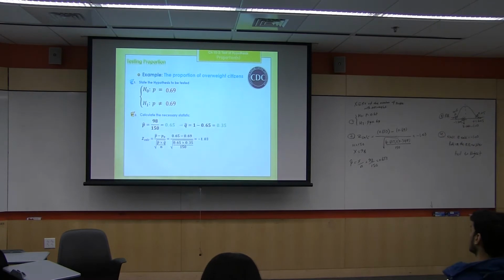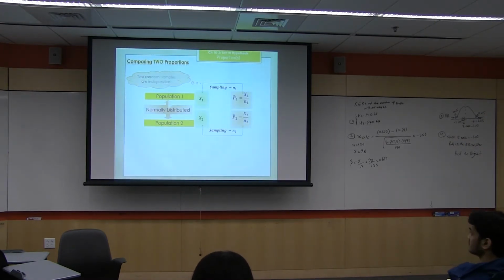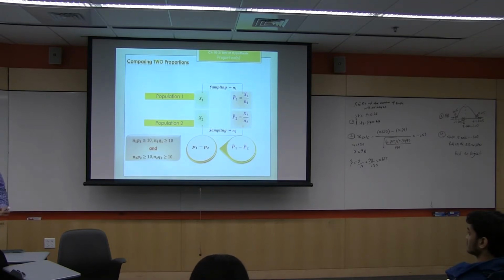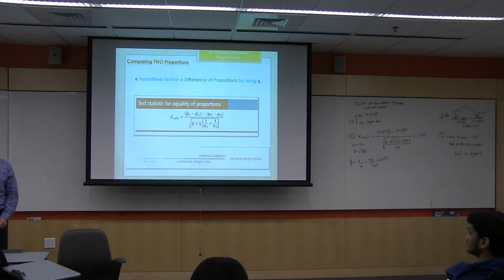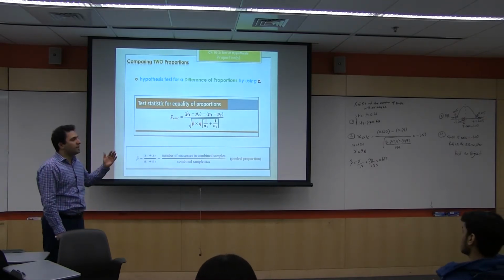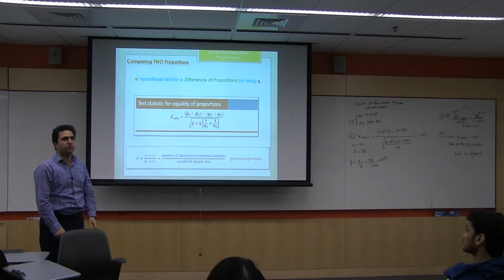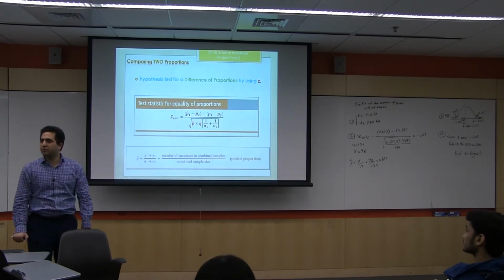So now if I extend this for two proportions, you're going to have the same thing, but in this case, we have p hat 1 minus p hat 2, estimating p1 minus p2. And this is the z-calc: p hat 1 minus p hat 2 minus (p1 minus p2) over the square root of p bar q bar times (1 over n1 plus 1 over n2). So what's p bar q bar?